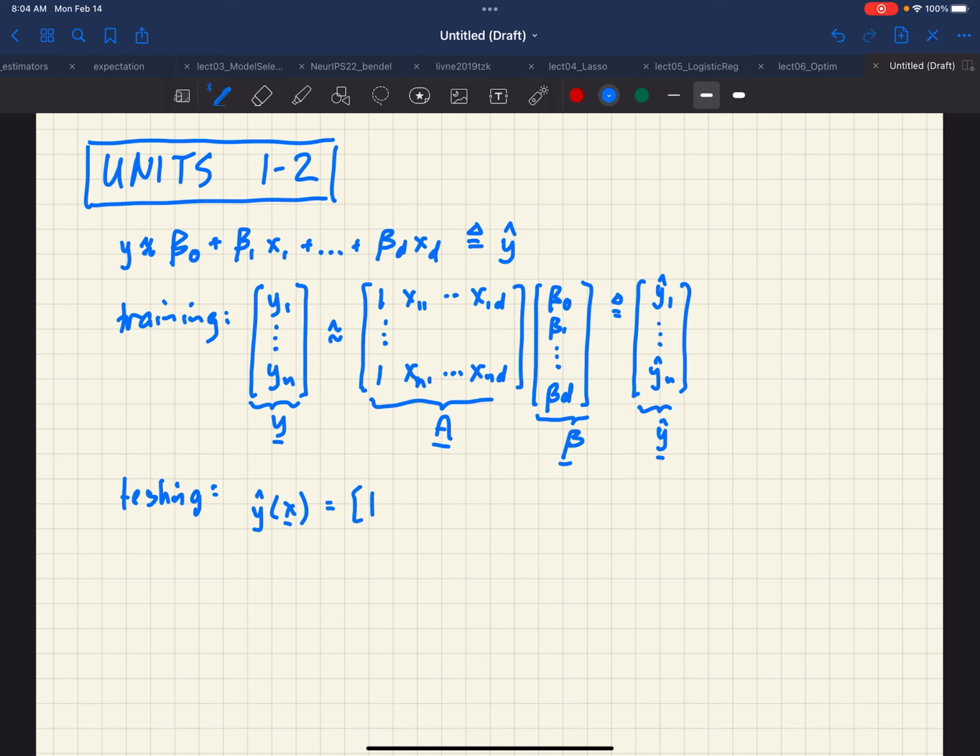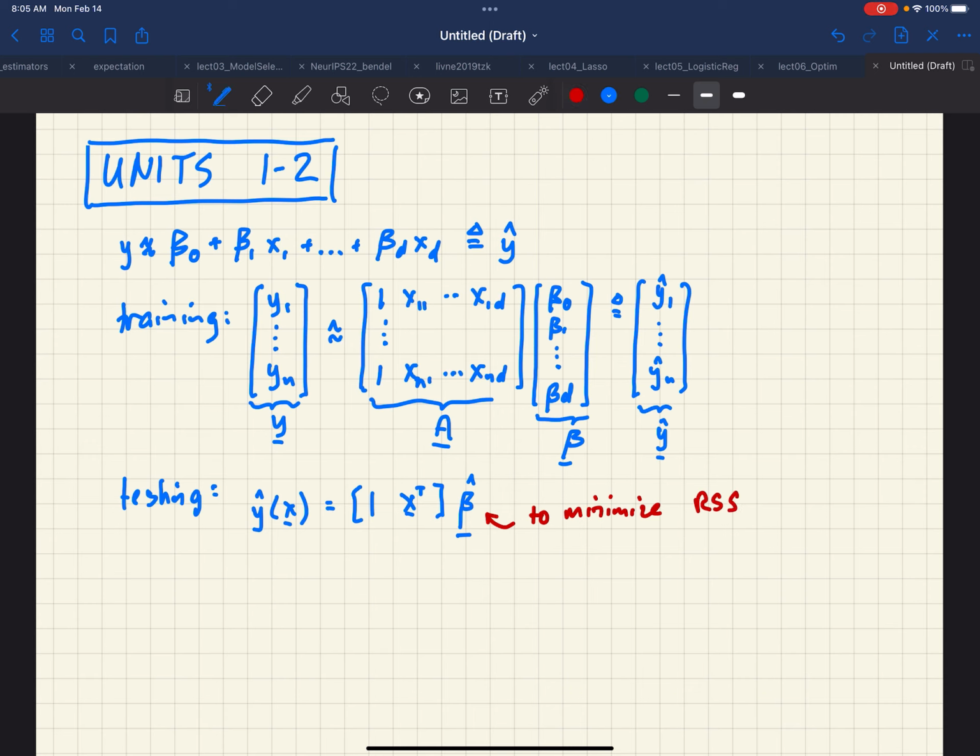This is going to be, take the one scalar, we put it next to the vector x transpose, and we multiply this by beta, and we usually choose beta to minimize the RSS.